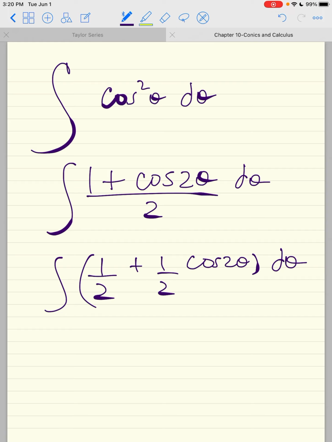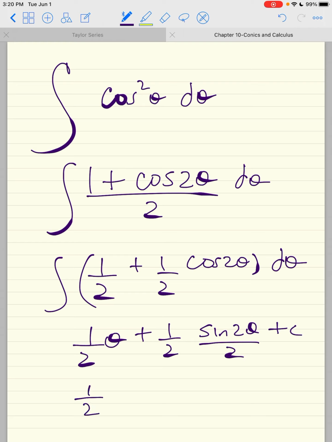I'm going to integrate 1/2 with respect to theta, so that's 1/2 theta. I'm going to integrate cosine double angle, which is sine double angle, divided by 2. I'm actually going to exchange sine double angle for 2 sine angle cosine angle.